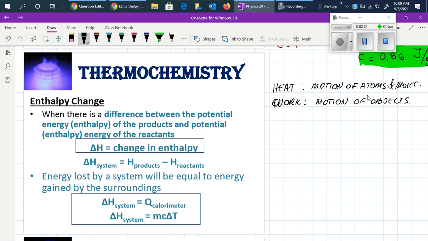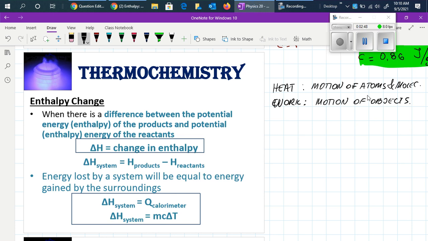What we have to keep in mind here is that the change of energy is independent of pathways. It doesn't really matter what path the object takes. What is important is the initial state and the final state.